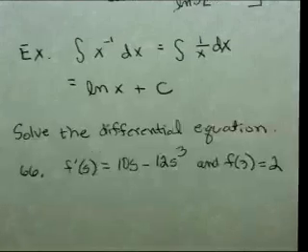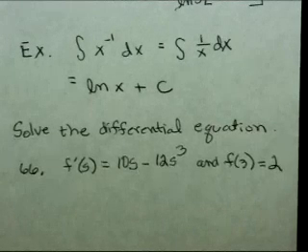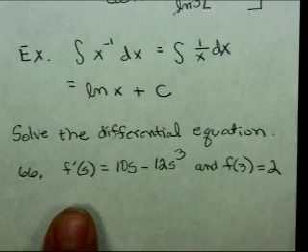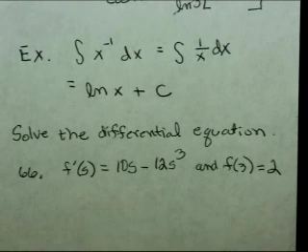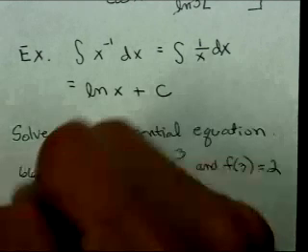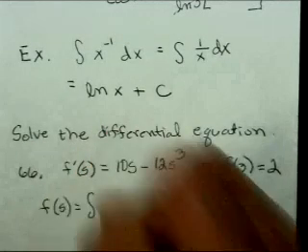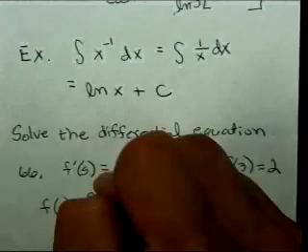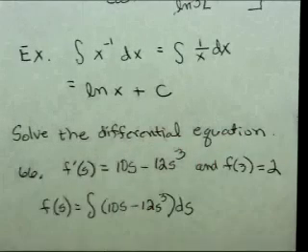Now we'll figure out what to do with that in just a minute. But I'm looking for the function whose derivative is 10s minus 12s cubed. And to find that function, I would just evaluate the indefinite integral of 10s minus 12s cubed with respect to s.